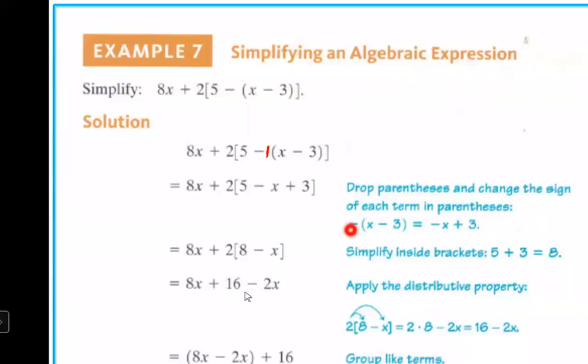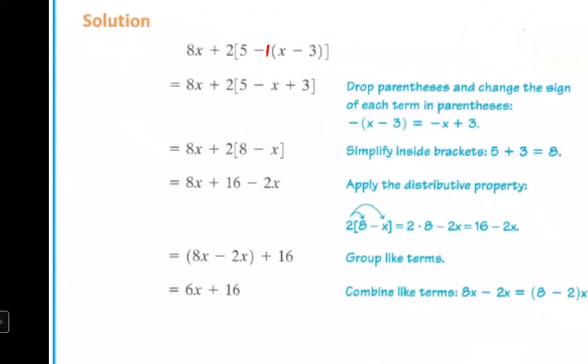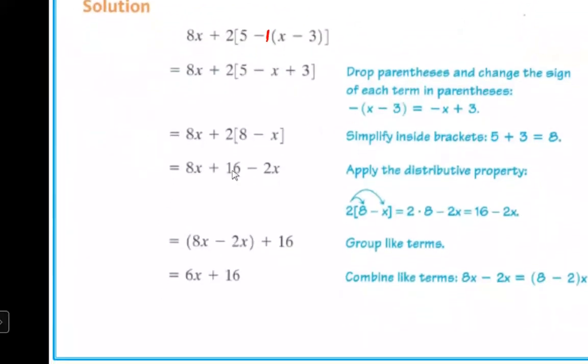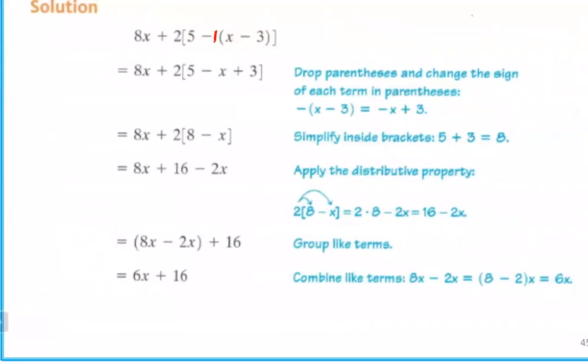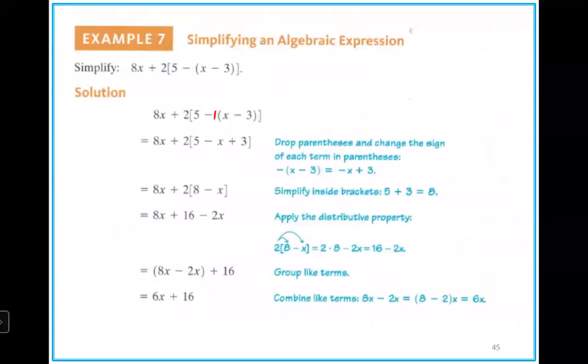Okay, then when you finish, you're going to bring the like terms together. So it's 8x minus 2x plus 16. 8x minus 2x is 6x. 6x plus 16. And that's your simplest form of your answer for that expression.